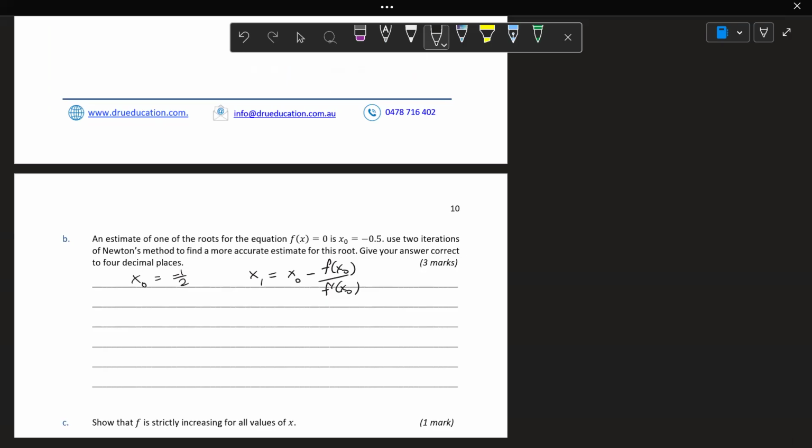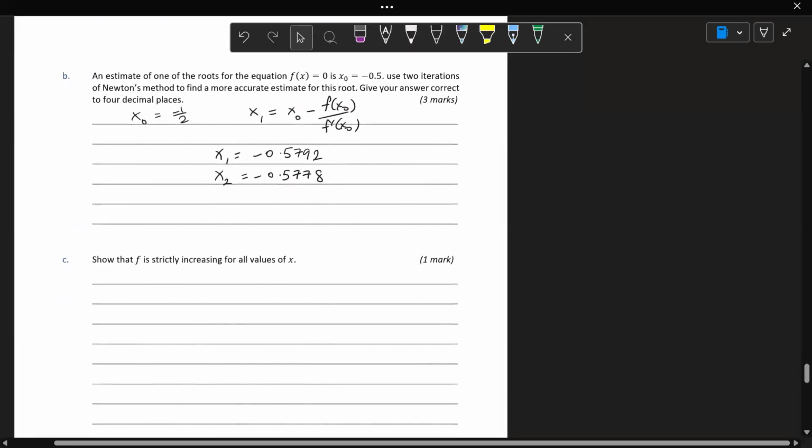You just chuck this in your CAS, and you end up getting x1 is equal to -0.5792 to four decimal places. Do this again for x2, and you get -0.5778.